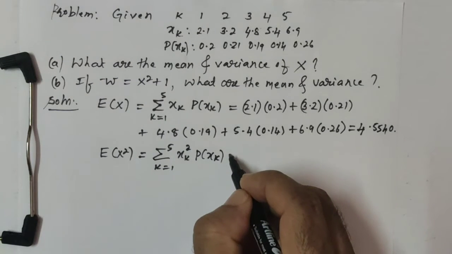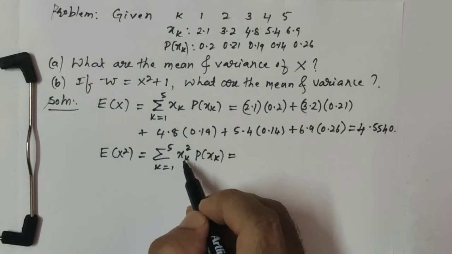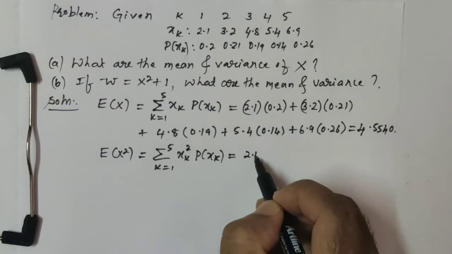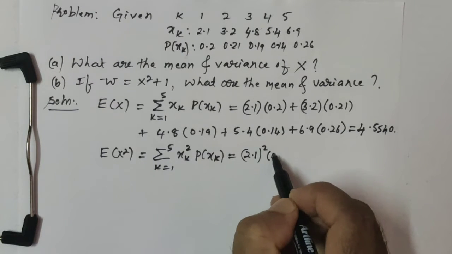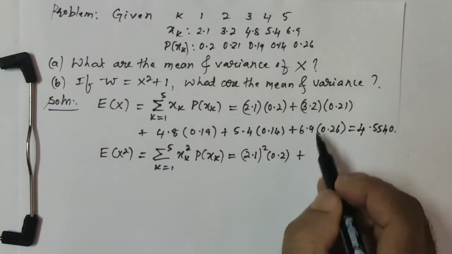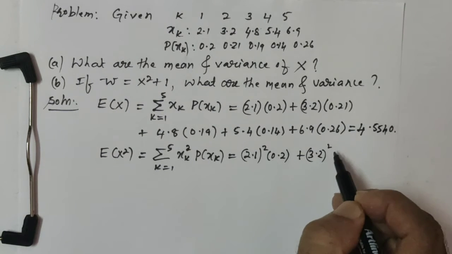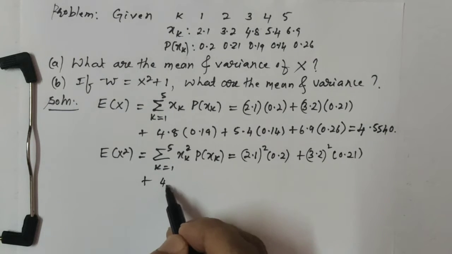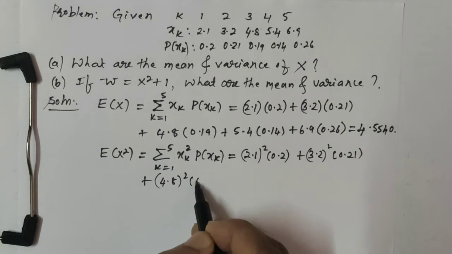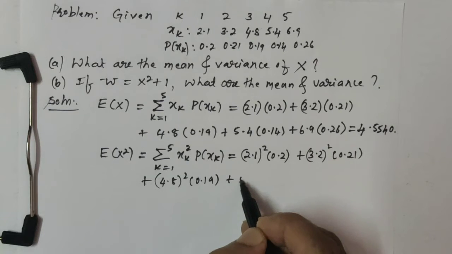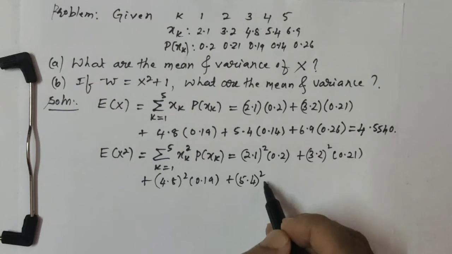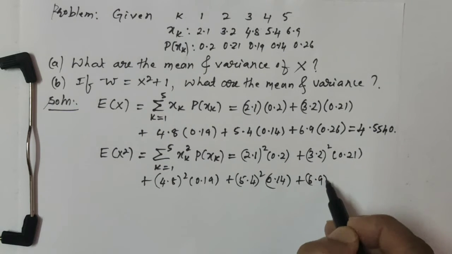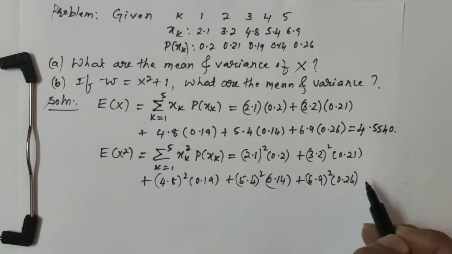So we square each value: 2.1 square into 0.2, plus 3.2 square into 0.21, plus 4.8 square into 0.19, plus 5.4 square into 0.14, plus 6.9 square into 0.26.